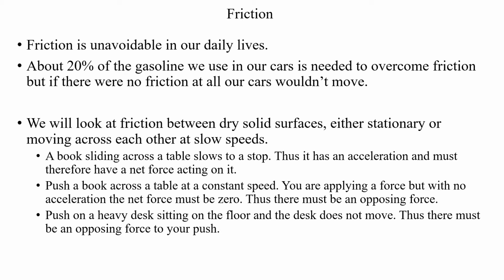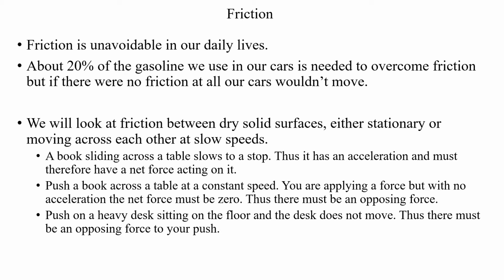so that it goes sliding across the table, we see that it will slow down and come to a stop. Thus, it has an acceleration, and there must be some force acting on it to produce that acceleration to make it come to a stop. If I push a book across a table at a constant speed, I'm applying a force, but at a constant speed there's no acceleration.